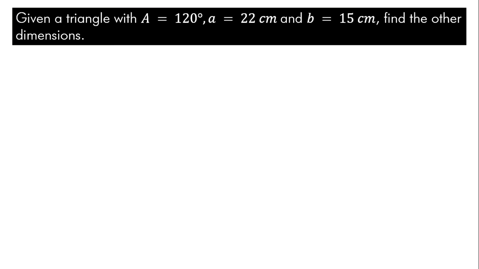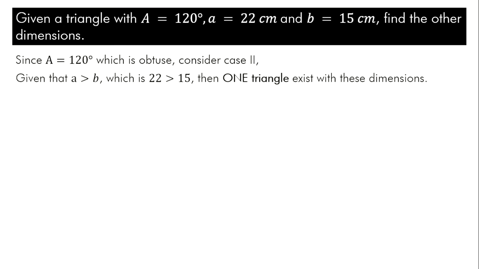So we can identify the two cases from case number 2. We will compare the side a and side b. Since side a is greater than side b, which is 22 is greater than 15, then we can say that one triangle exists with the dimensions. From the previous slide, we identified that if a is greater than b, then one triangle exists from the given dimensions.